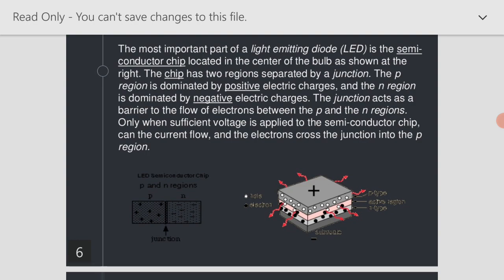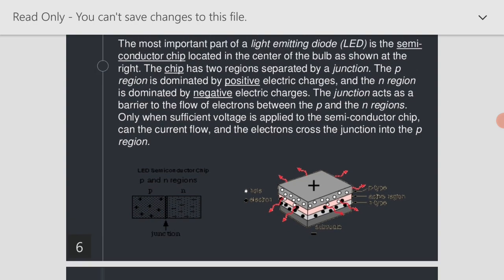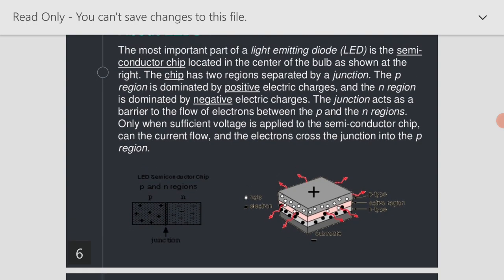The chip has two regions separated by a junction. The P region is dominated by positive electric charges and the N region is dominated by negative electric charges. The junction acts as a barrier to the flow of electrons between the P and the N regions. Only when sufficient voltage is applied to the semiconductor chip can the current flow and the electrons cross the junction into the P region.